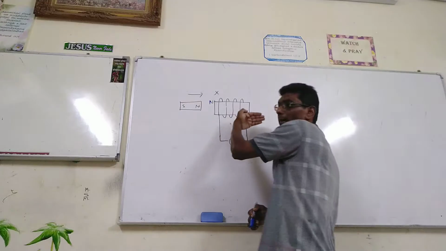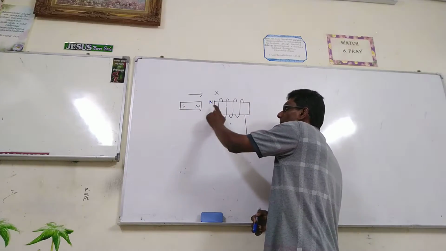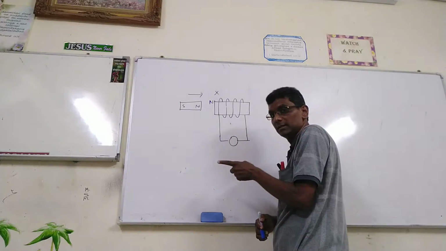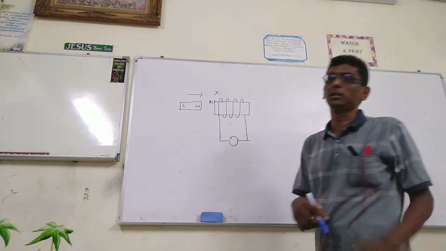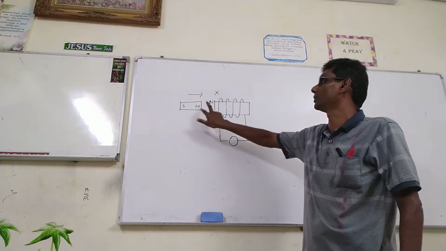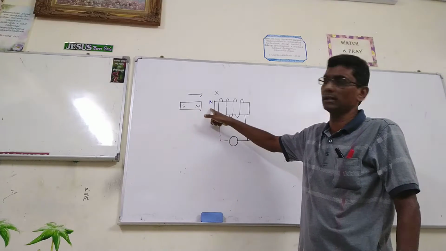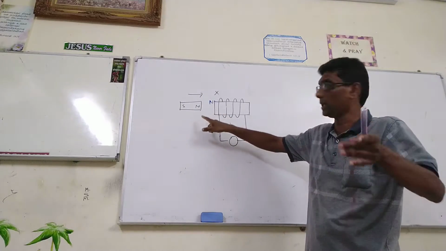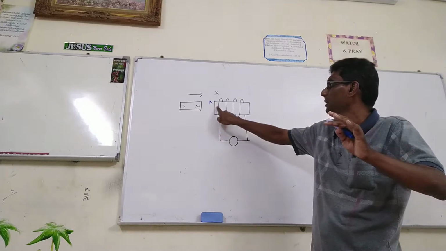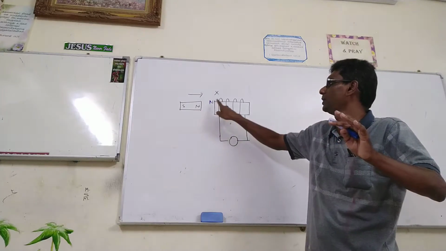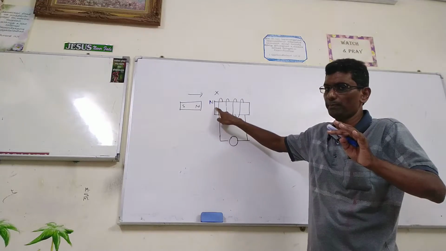This one, push in the magnet, the poles will be the same. You remember that? Okay. When you pull out, the poles must be different poles, north and south. But you must see that the pole of the coil is opposite to the magnet.